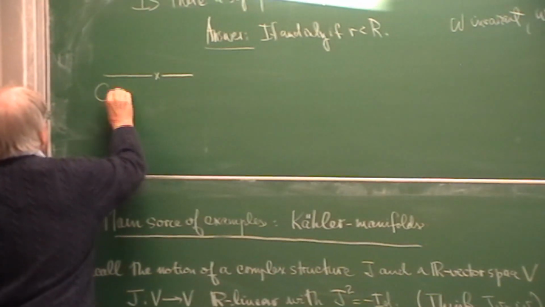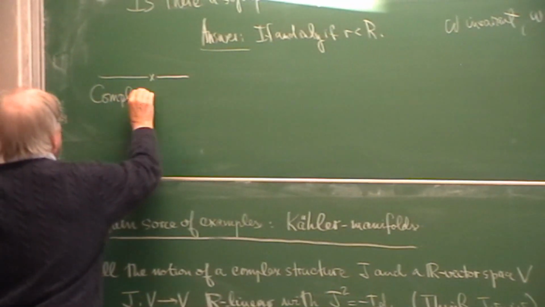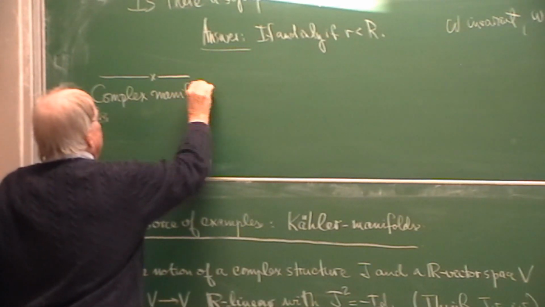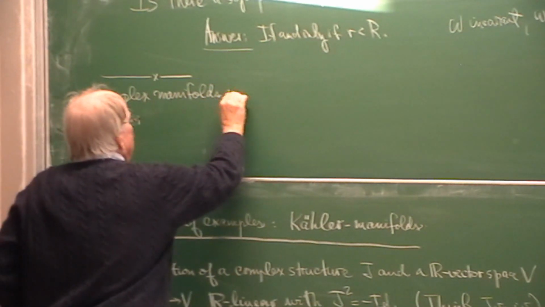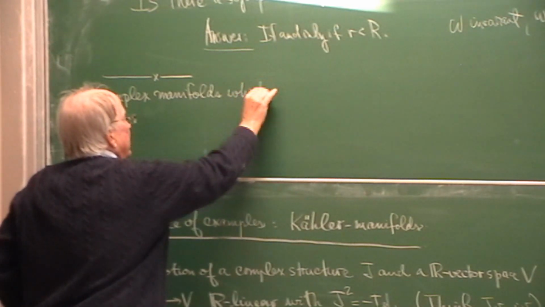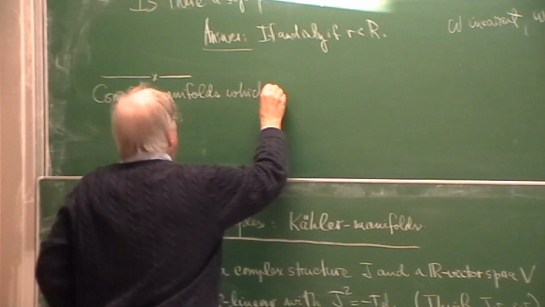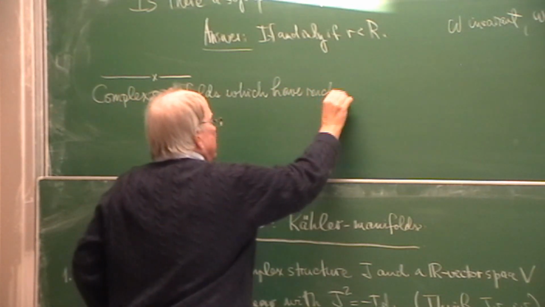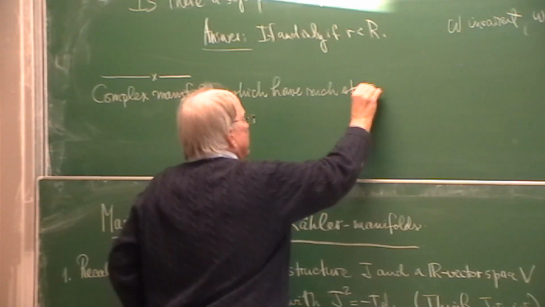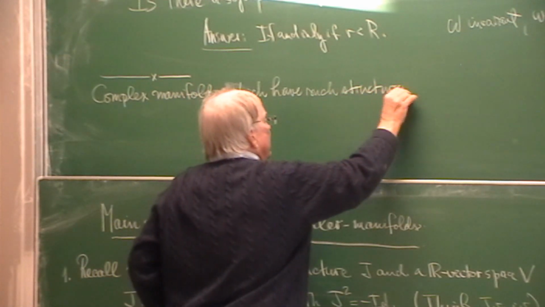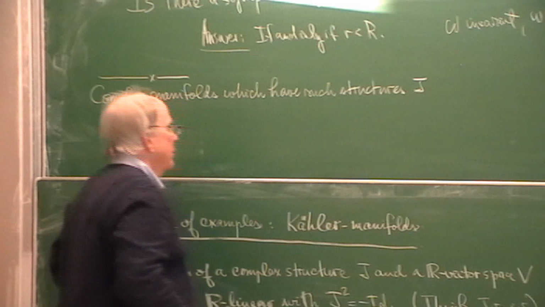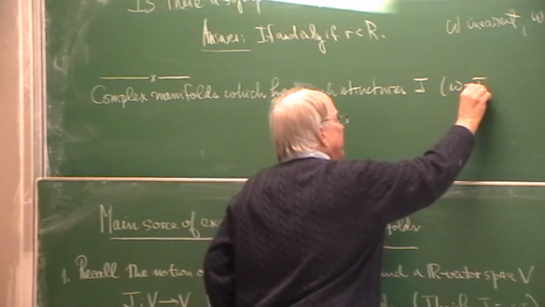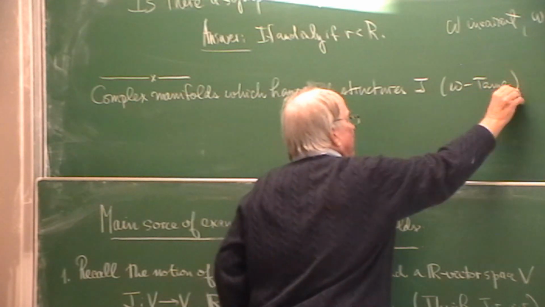So we turn to a new chapter, complex manifolds, which have such structures J, which are omega tame.